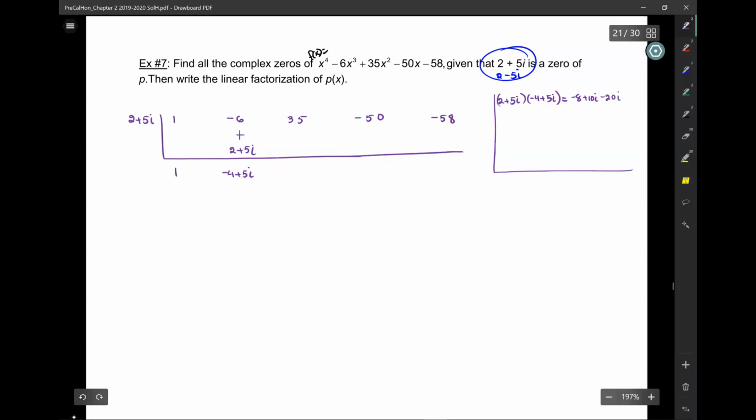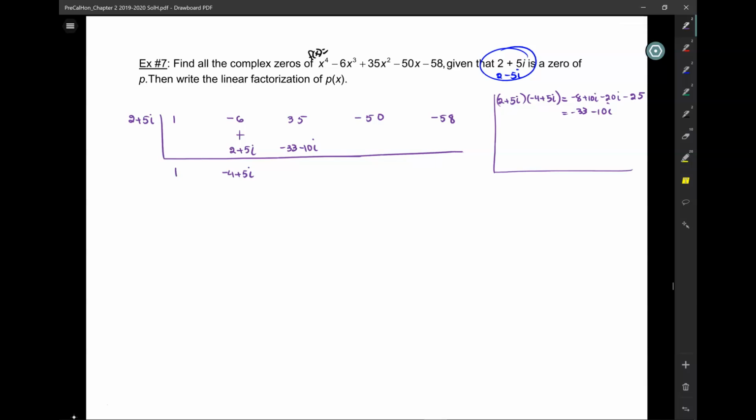Okay, plus 25i squared, which is negative 25. Okay? So how much is that? Negative 33 minus 10i. So that goes here.